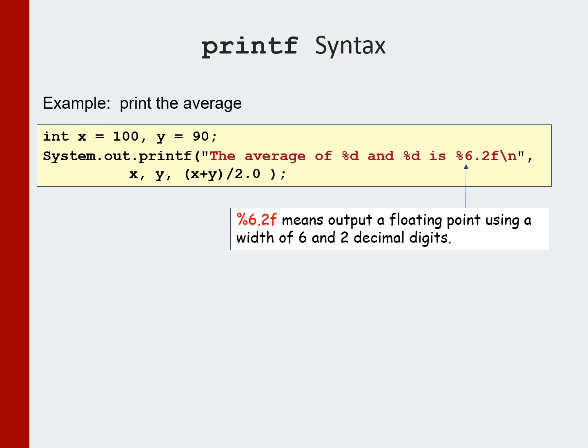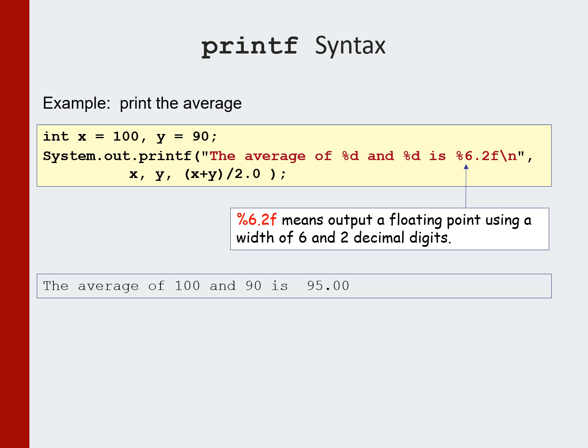If you work this out, and I recommend typing this up to make sure this code actually compiles for you, you should get something that looks like the average of 100 and 90 is 95.00. So the first %d is that 100, which is x. And then you'll notice here that I have extra spaces outside of the 95 because I asked for that width to have a certain format.